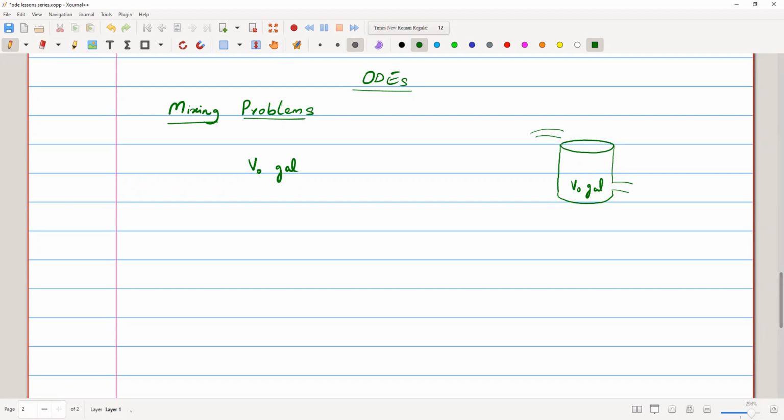We can also say that in this V0 gallons, the solution contains some amount of salt. Let's call it A pounds. So this is the amount of salt that is initially present in the tank.